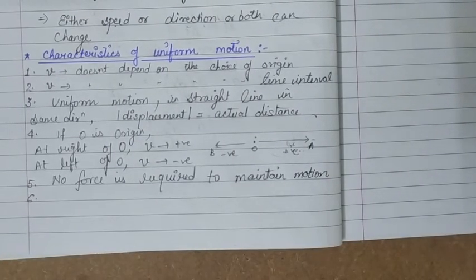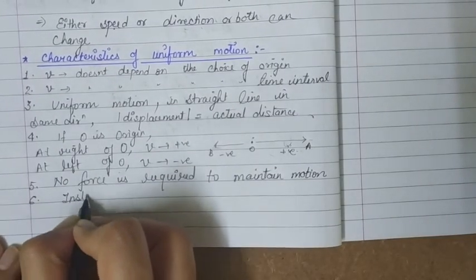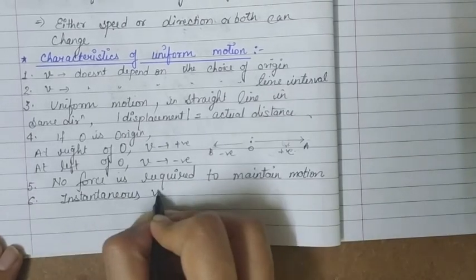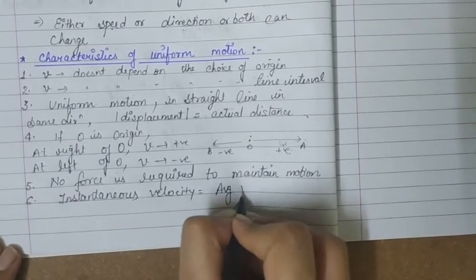And the last one is that in uniform motion, the instantaneous velocity is equal to the average velocity at all times. If we pick any particular instant, then at that instant the instantaneous velocity is equal to the average velocity.